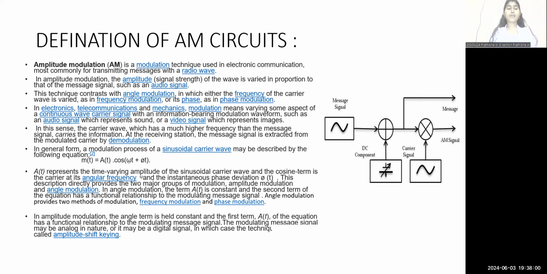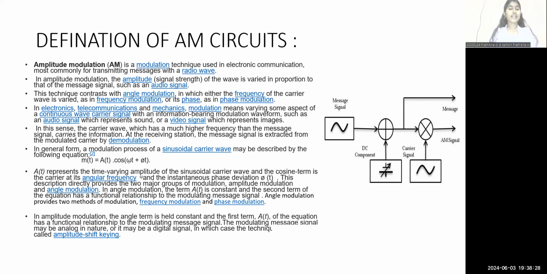In general form, a modulation process of a sinusoidal carrier wave may be described by the following equation: m(t) = A(t) cos(ωt + φ(t)), where A(t) represents the time varying amplitude of the sinusoidal carrier wave, and the cosine term is the carrier at its angular frequency ω and the instantaneous phase deviation φ(t).